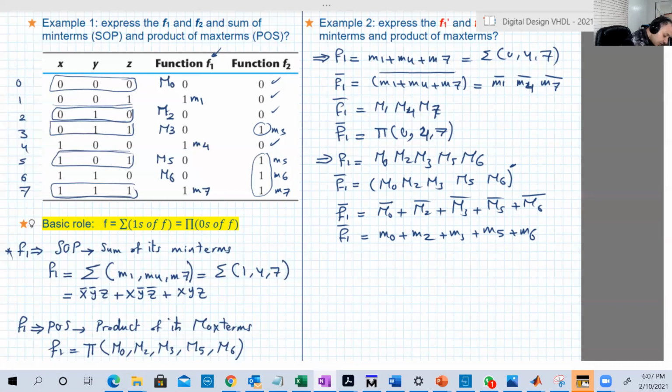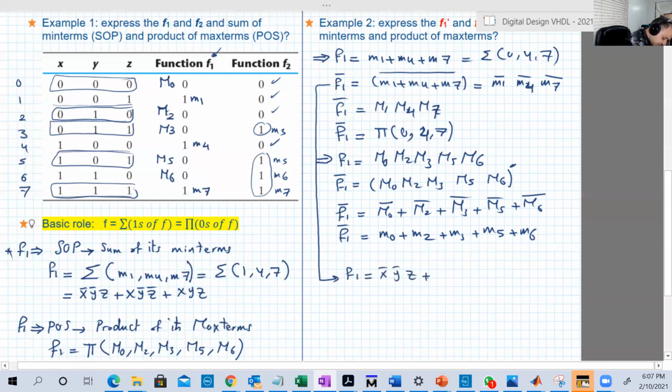So from the sum of product here, f1 is x bar y bar z plus x y bar z bar plus x y z. So for f1 prime, just take the complement. So this will be x plus y plus z bar, x bar plus y plus z, x bar plus y bar plus z bar.